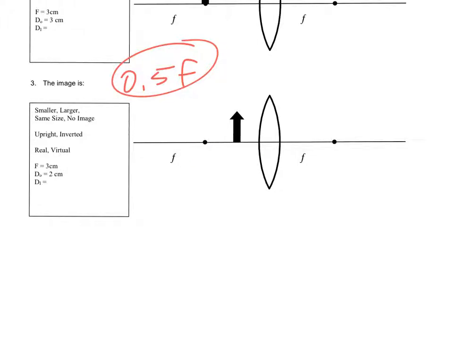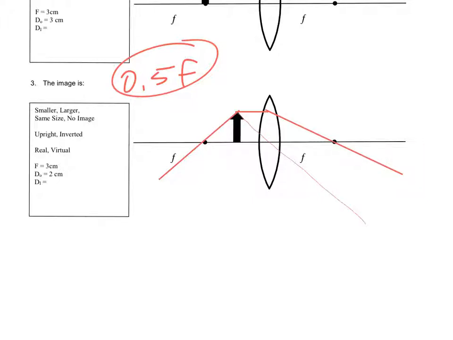So my first ray is going to travel parallel to the axis and into the center of the lens, where it's going to refract and bend, passing through the far side focal point. My second ray normally goes through the focal point that's on the same side of the object. However, this one is not going to pass through the lens. My third ray is going to pass through the center of the lens and remain unchanged.